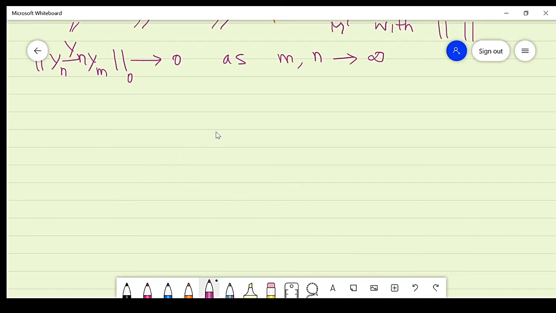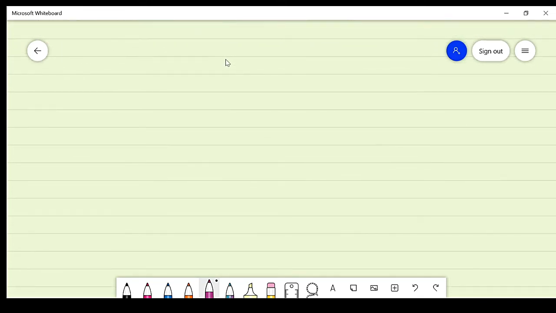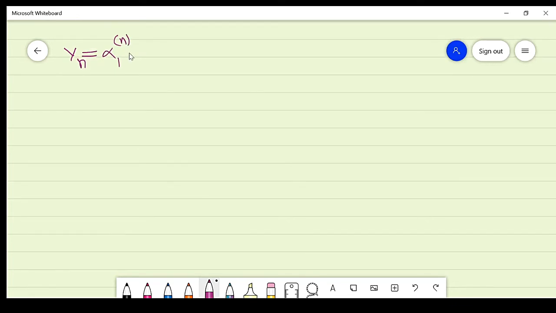So using that result, this Yn, which is equal to alpha 1 n E1 plus so on up to alpha p minus 1 n, because it is a Cauchy sequence in M dash. So it is a combination of p minus 1 vectors, up to E(p minus 1).